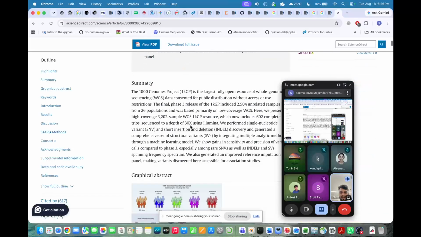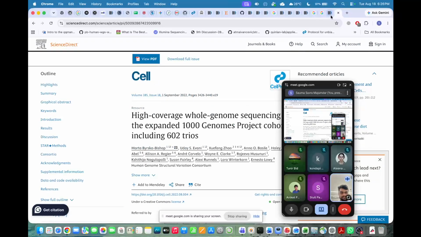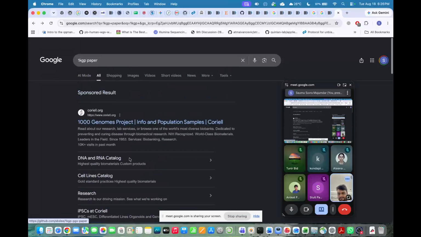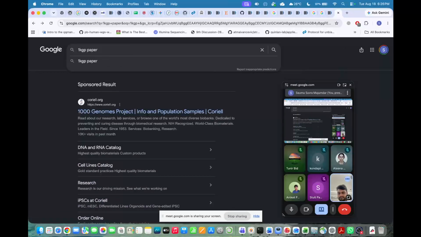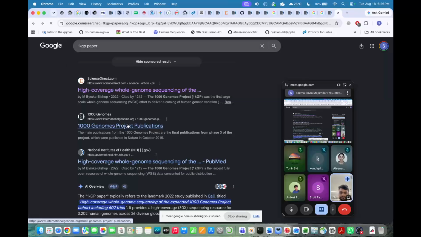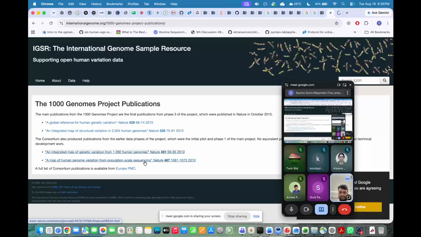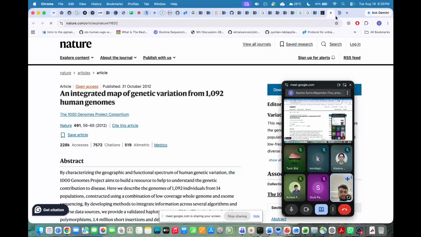I think this has from 2200 to 2500 individuals. But let me try to find the first paper. Yeah, these are the 2010 and the 2012 papers.